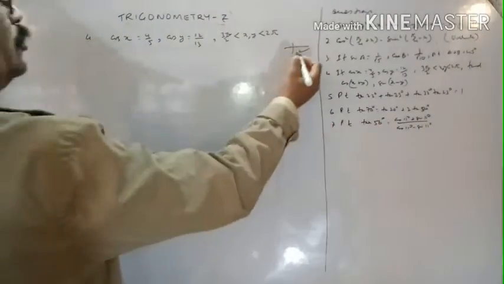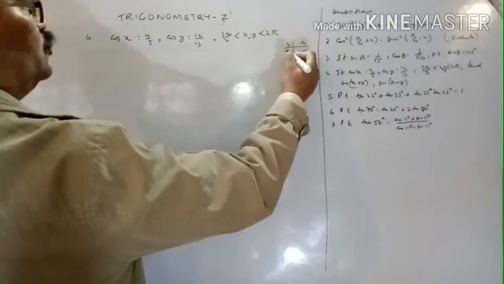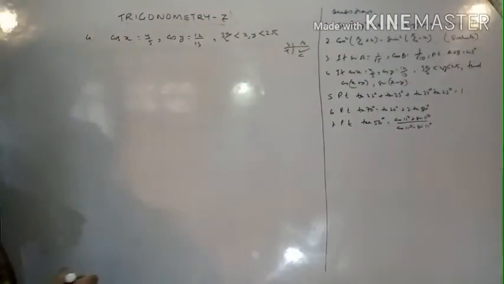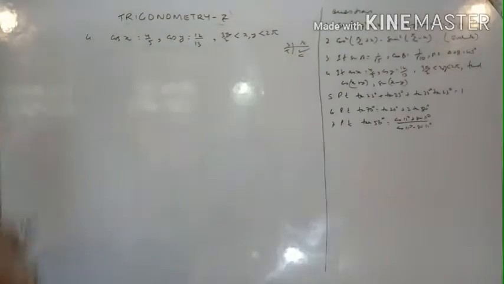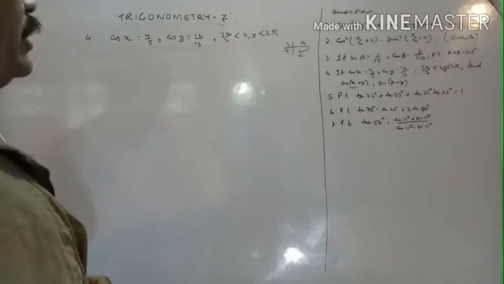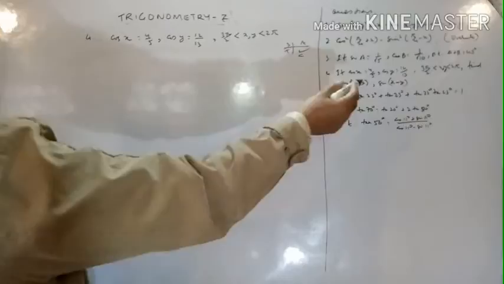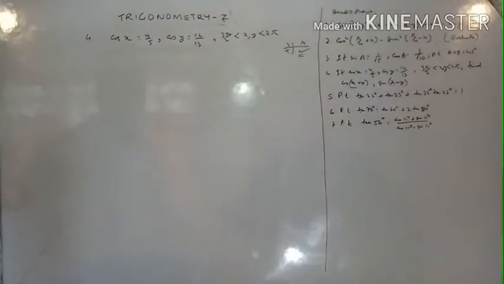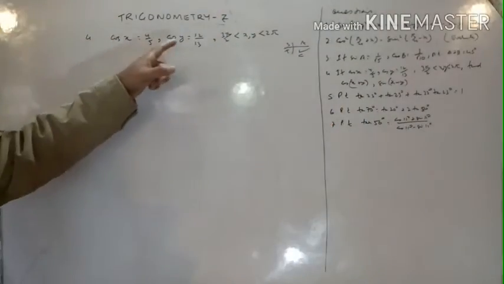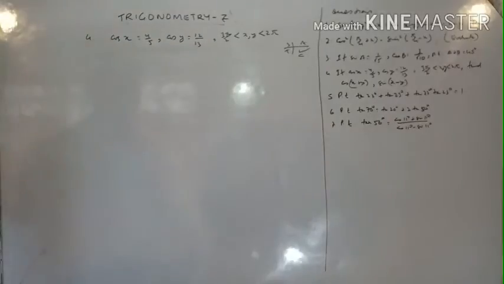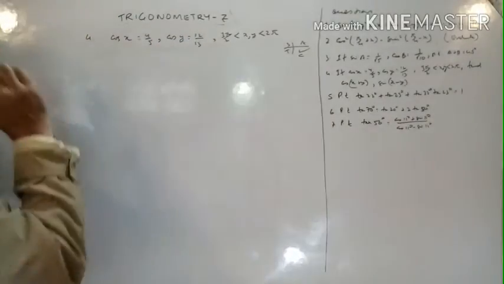And you know, in the fourth quadrant, add sugar to coffee, means only cos and sec will be positive, remaining ratios will be negative. Since we have to find the values of cos x plus y and sin x plus y, we need to know the value of cos x, cos y and sin x, sin y. So we'll find the value of sin x and sin y from here.